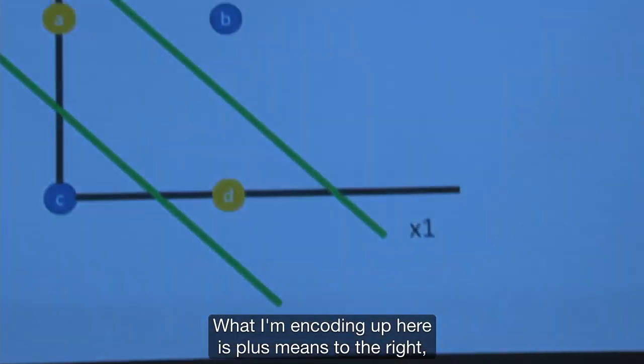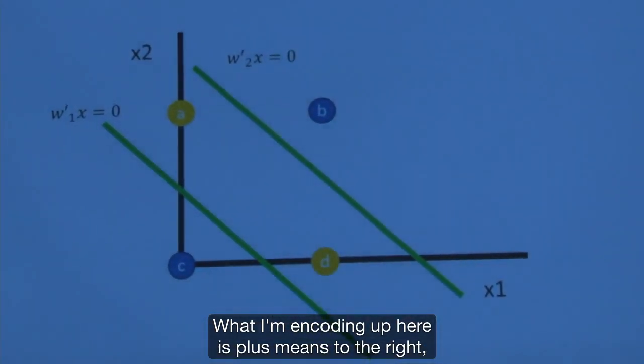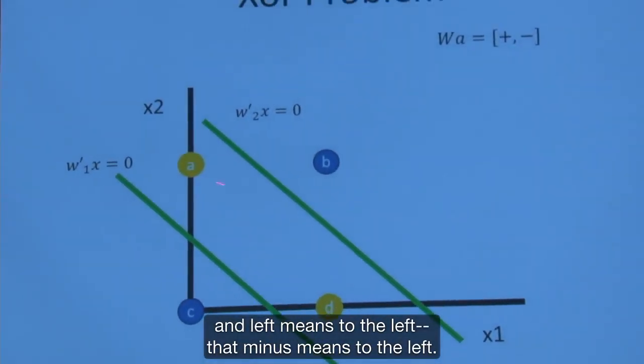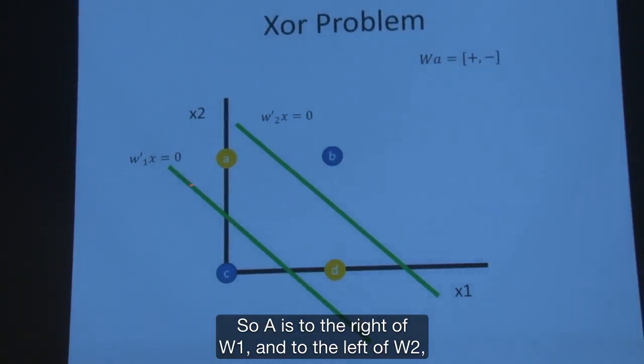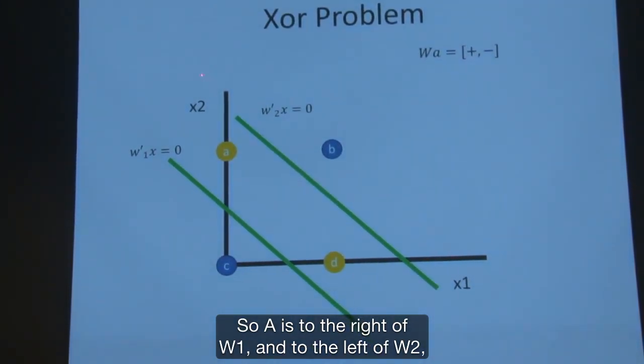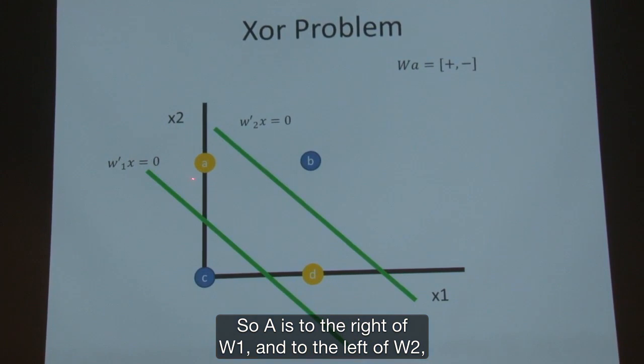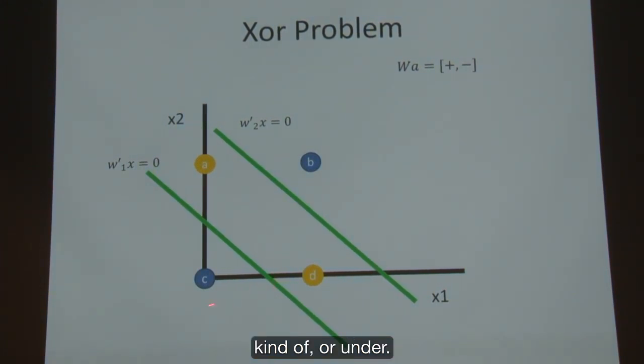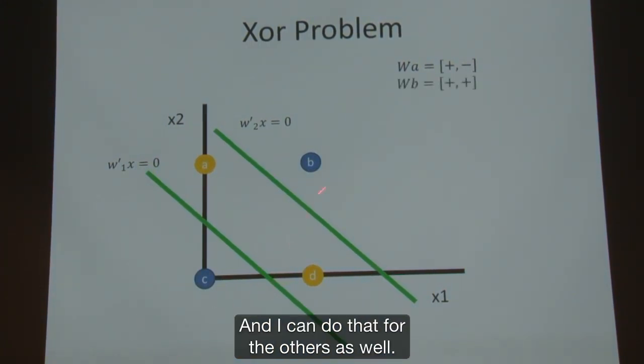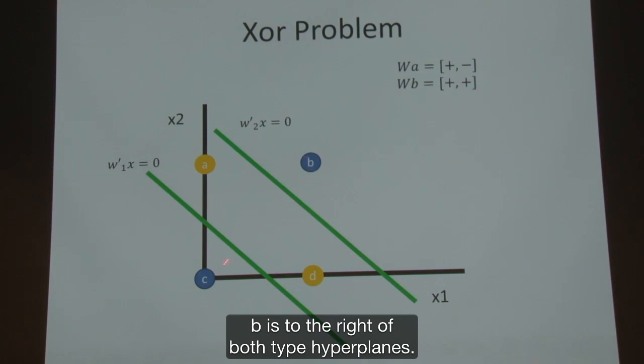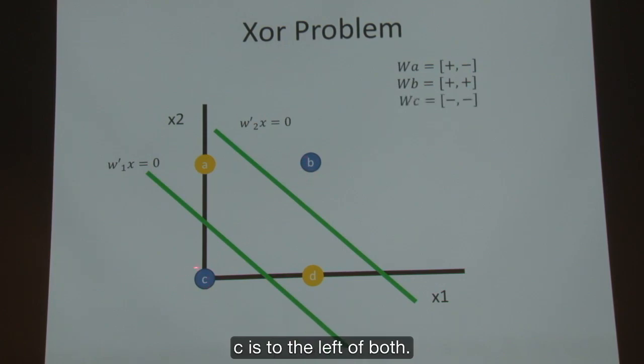What I'm encoding up here is plus means to the right and minus means to the left. So A is to the right of W1 and to the left of W2. B is to the right of both hyperplanes. C is to the left of both. And D is in the middle again.